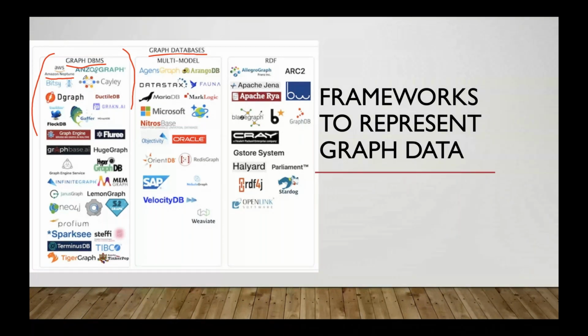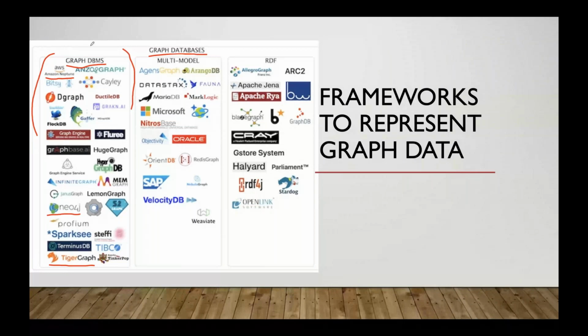Neo4j has been available for more than a decade for graph-based representation of your data. The beauty of it is Neo4j is an open source solution, and the other solution is Tiger Graph, which is a proprietary solution from a company called Tiger Graph, and they provide an option of creating and managing graph database management systems.